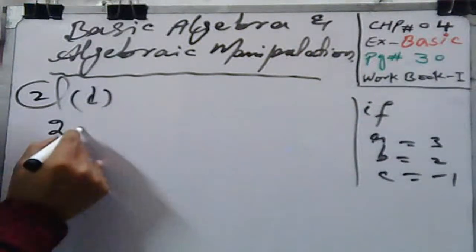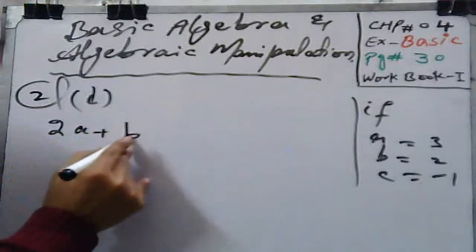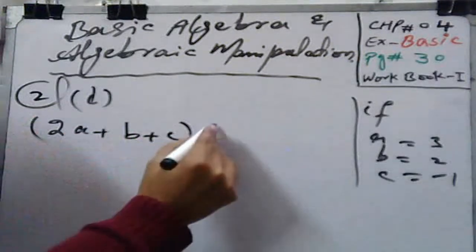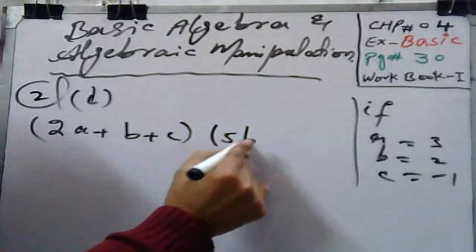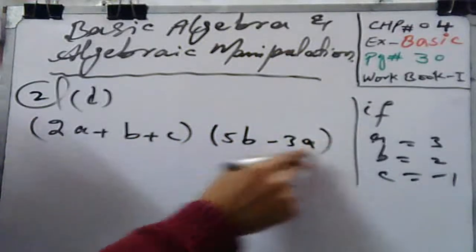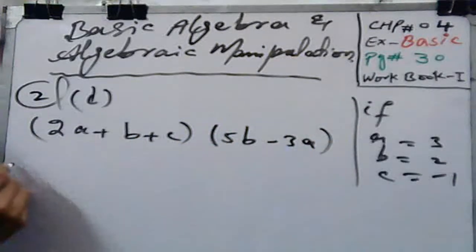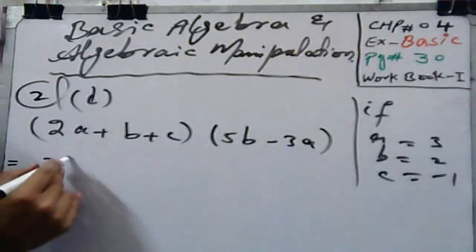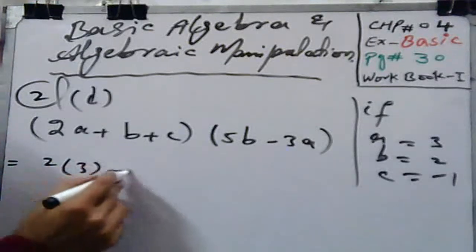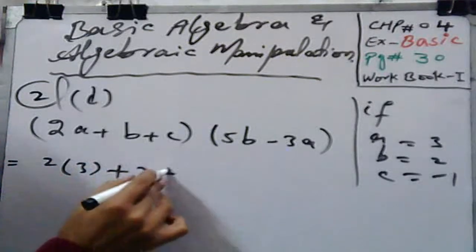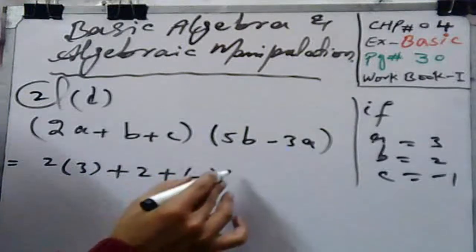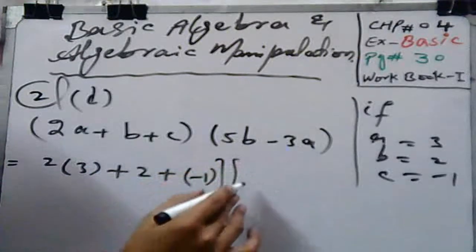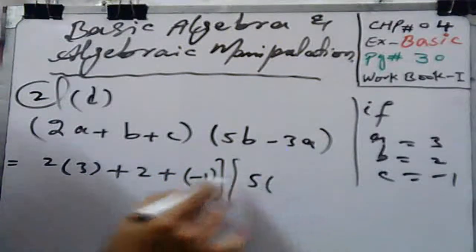Putting the values, 2 into a, which is 3, the value of b is 2, c is minus 1. Similarly, 5b, the value of b is 2 and the value of a is 3. So that is your simplified form.